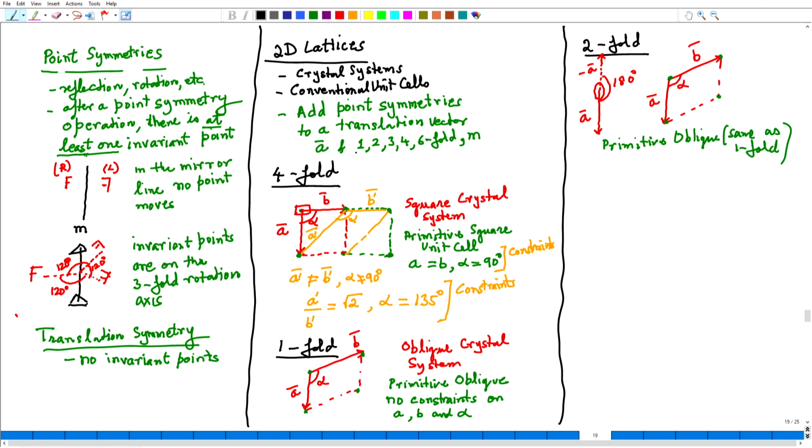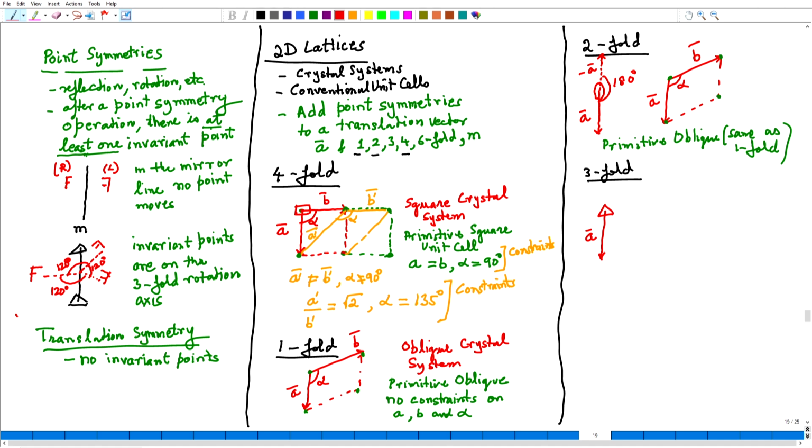I have done one-fold, I have done two-fold, I have done four-fold. Now, we are left with three-fold, six-fold and mirror. So, let us start with three-fold. I add a three-fold rotational symmetry.